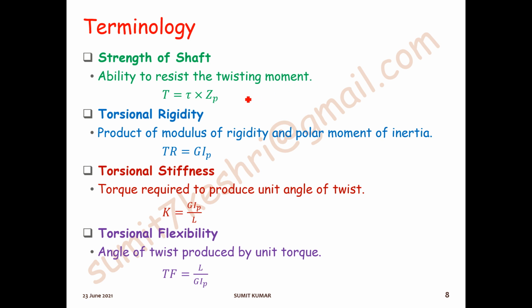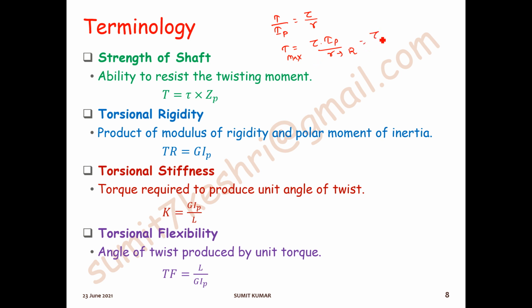The strength of shaft is designated by how much twisting moment it resists, and it is equal to T is equal to tau into Zp, as we saw in the previous formula, T by Ip is equal to tau by R. So we can write T equal to tau into Ip by R. Maximum torque will occur when R is at the extreme fiber, that is the radius.